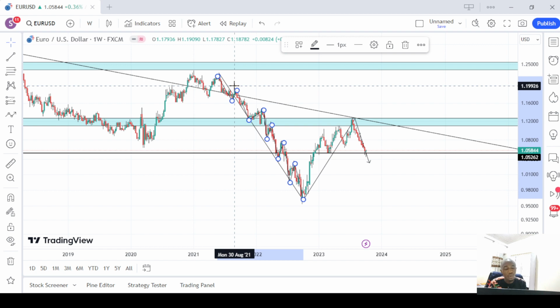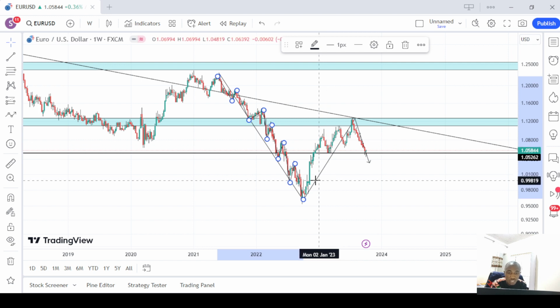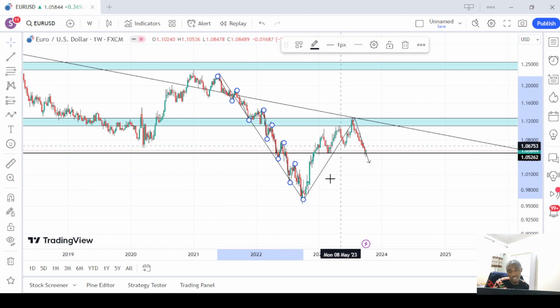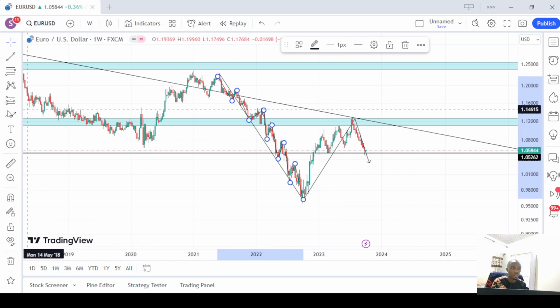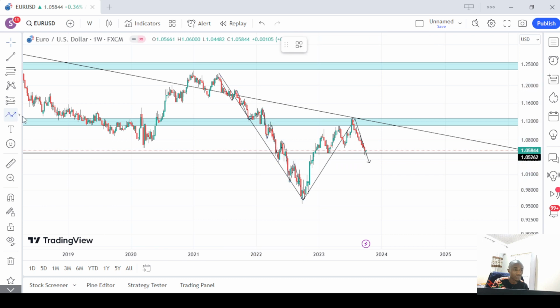You sell at the high, you buy at the low. Same thing for this bullish correction that I gave. You can see from here it bought, sold, bought, sold, bought.